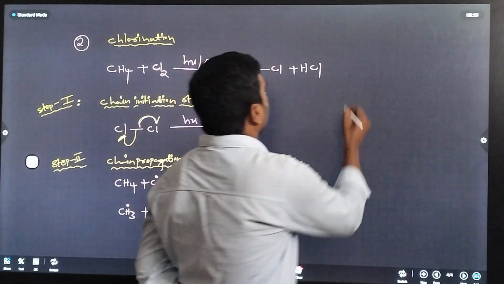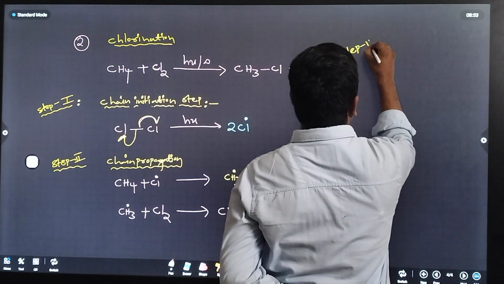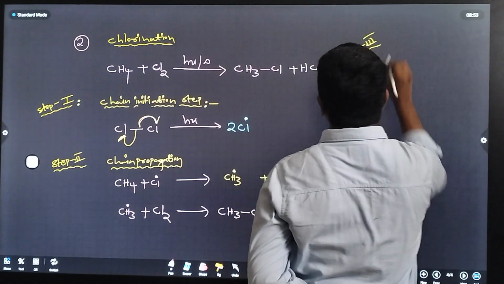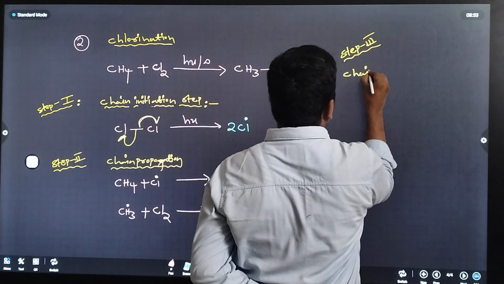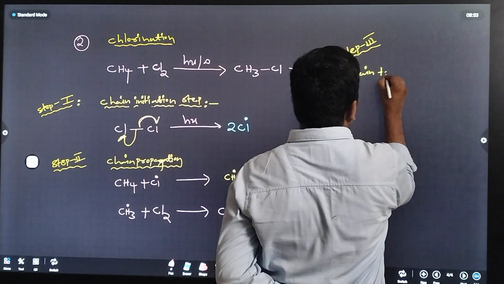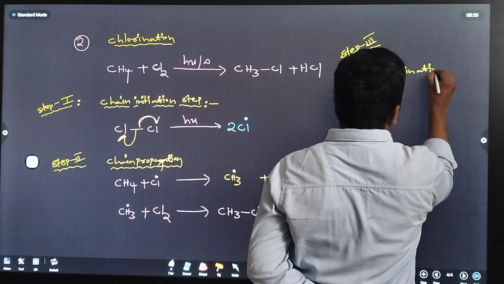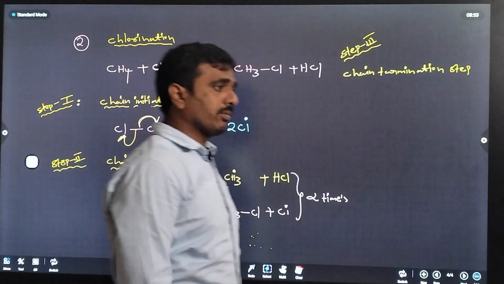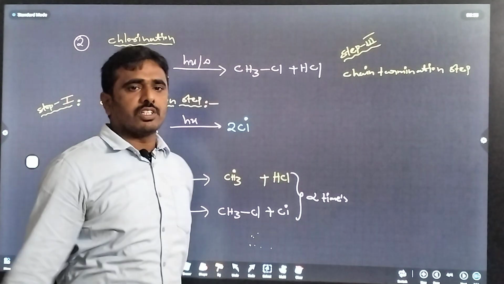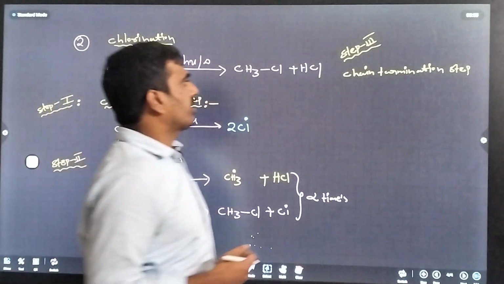Step 3 is the chain termination step. So what happened in the chain termination step? There are no free radicals produced as product.